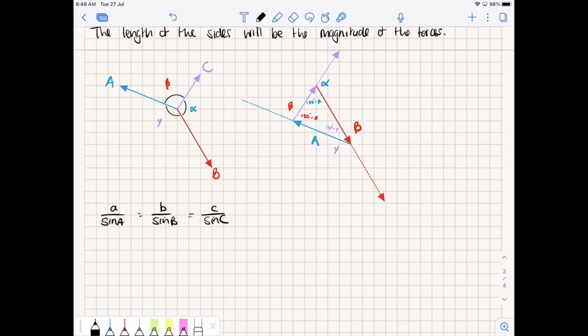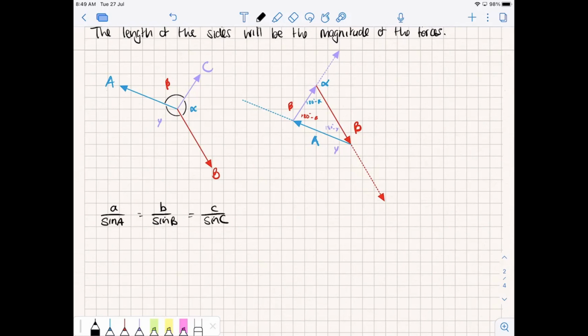Let's put in the angles from our triangles, because this is a triangle, and using the sine rule, it's saying that the side length divided by the angle opposite that side, they are all in perfect ratio with each other. That's why they are all equal to each other. If you don't remember the sine rule, then I strongly suggest you go and revise it from IGCSE.